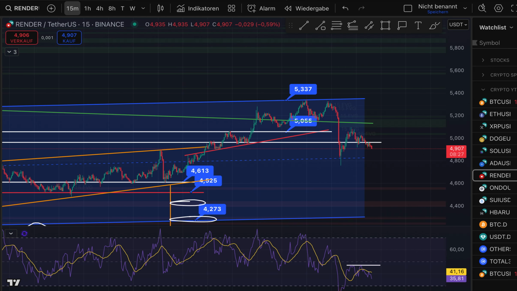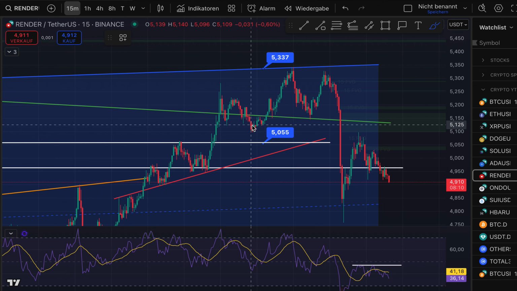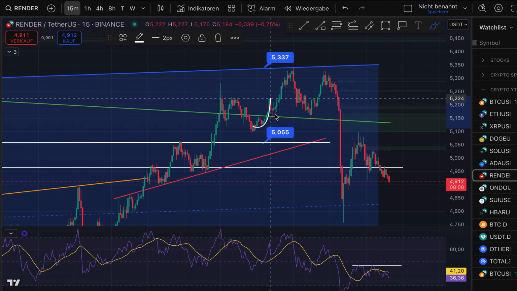So let's talk about Render. We have said that if the $5.5 breaks to the upside, then it would be positive. If we break the green trend line to the upside, which we tried several times, but here was a nice breakout retest, a perfect one.